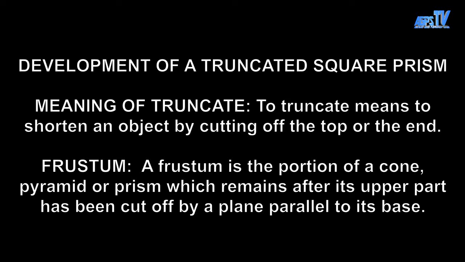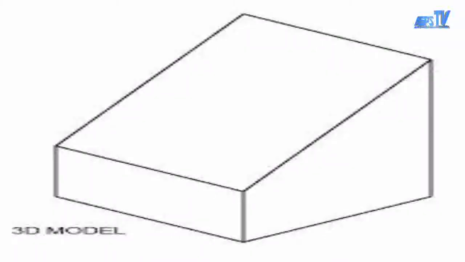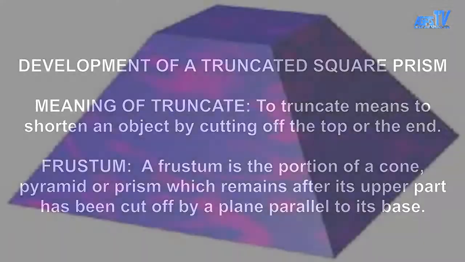Now let us quickly look at some images of a frustum or a truncated object. Clearly this is an image of a truncated object. The part remaining here is the frustum of it.